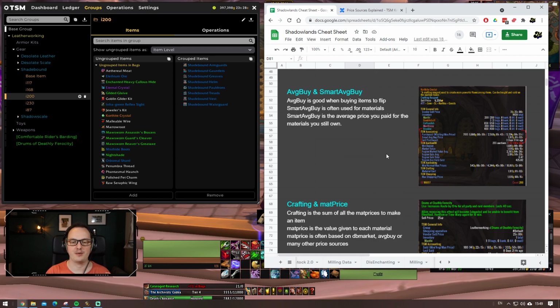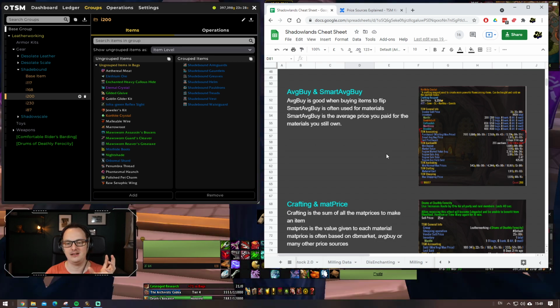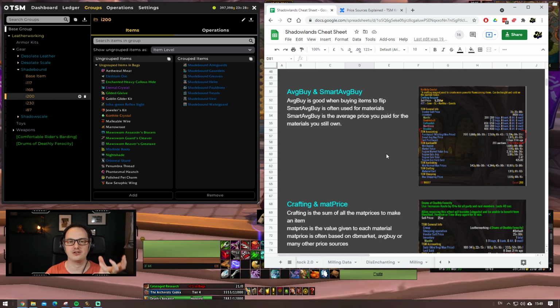Smart average buy price is the average price you have paid for the items that you still own. So in relation to materials, if over the period of a week you buy 1,000 herbs, but then you go and craft a bunch of potions, leaving you with only 500 herbs left, the smart average price would be how much you paid on average for the 500 herbs that you still have left.